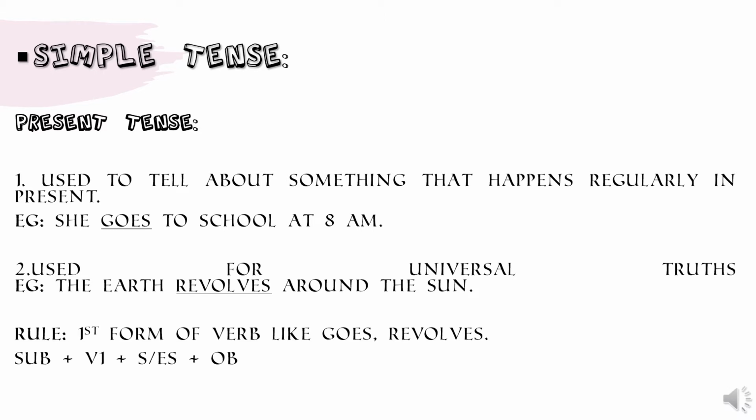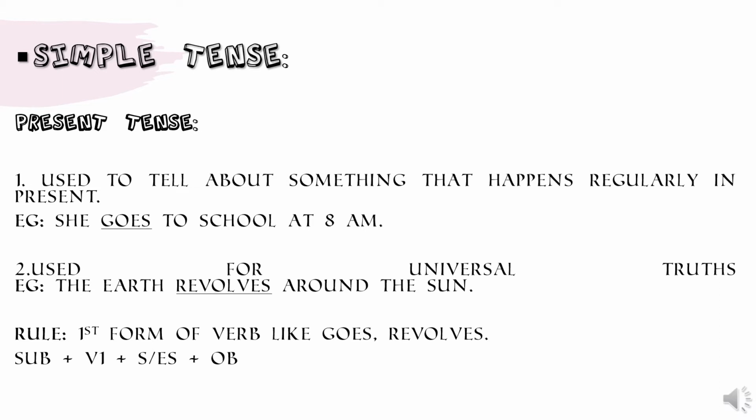When we see these things in a sentence, that happen regularly, universal truths and habitual actions, we can say this sentence is related to present tense. Example, she goes to school at 8 a.m. and the earth revolves around the sun.